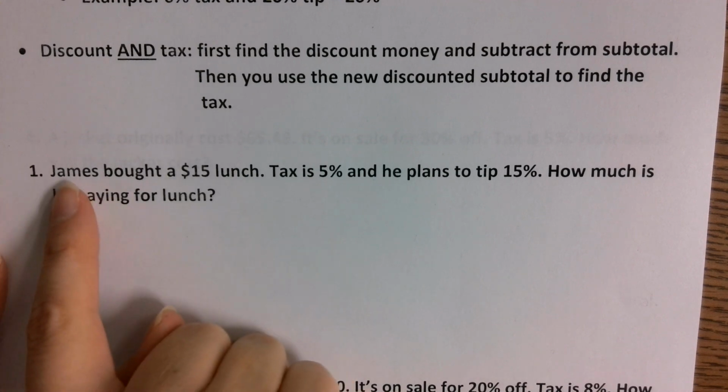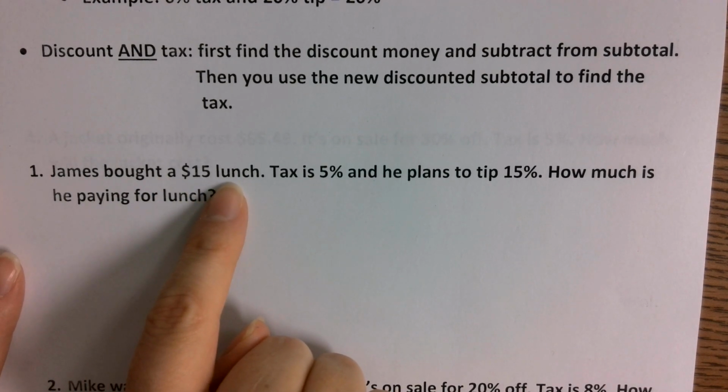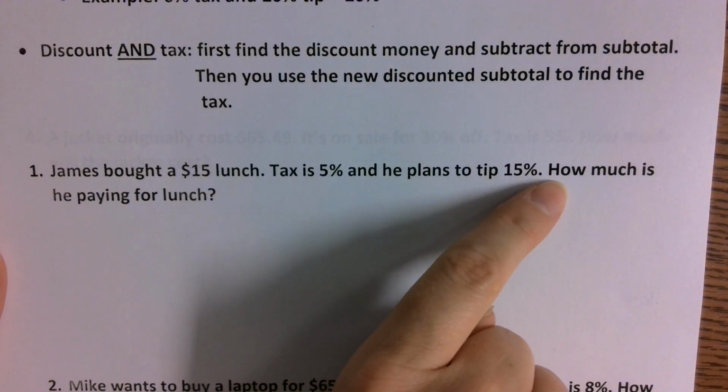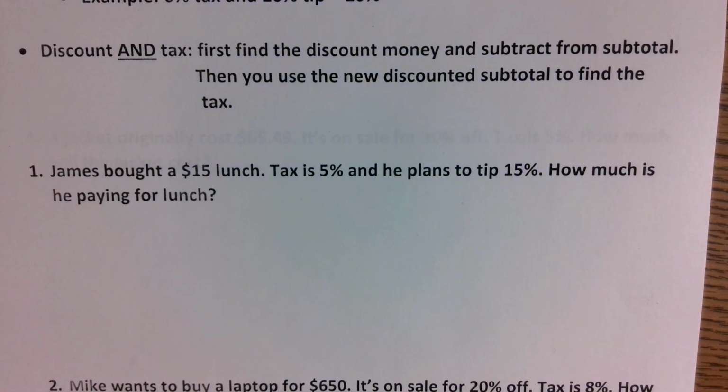For problem number 1, it says James bought a $15 lunch. Tax is 5%, and he plans to tip 15%. I want to know how much he is going to pay for his lunch. So the first thing that I'm going to do is make note that it is a tax and tip situation.